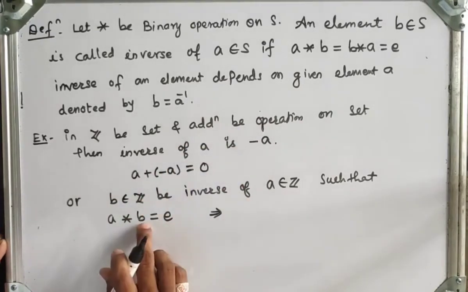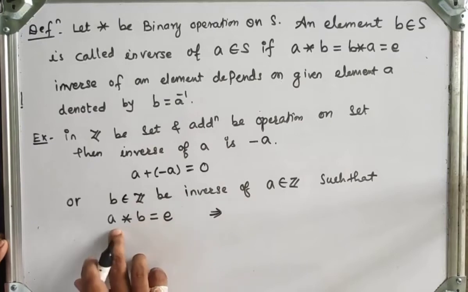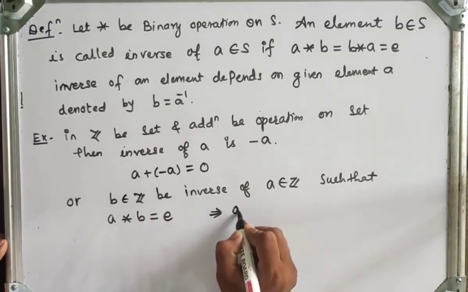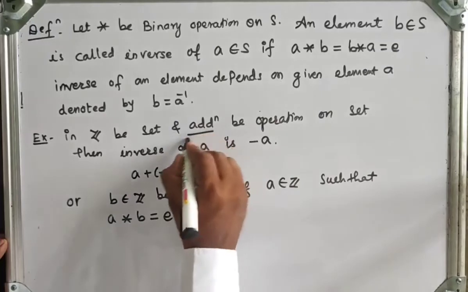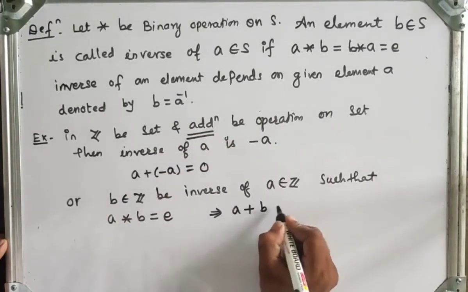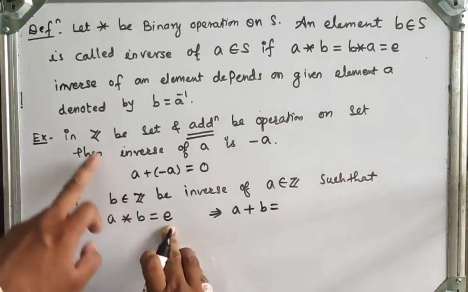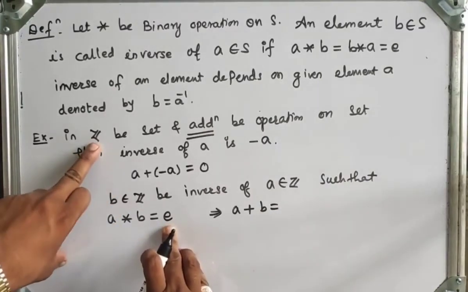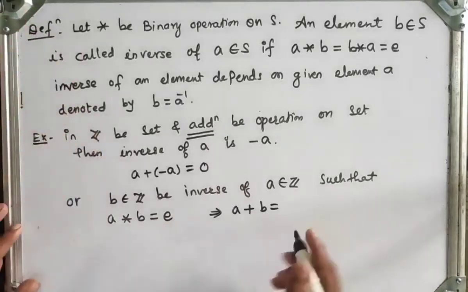Now we say that B is an inverse element of A. So here it is the addition operation, so we replace star by plus. So A plus B is equal to e, the identity element of the set of integers, which is 0. We have seen in the previous example.